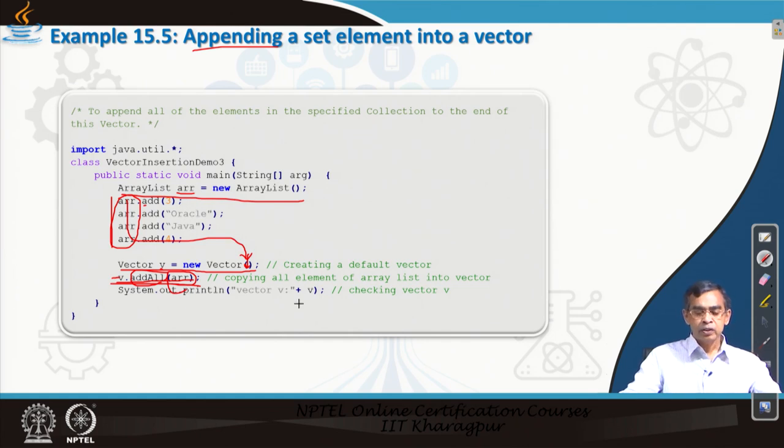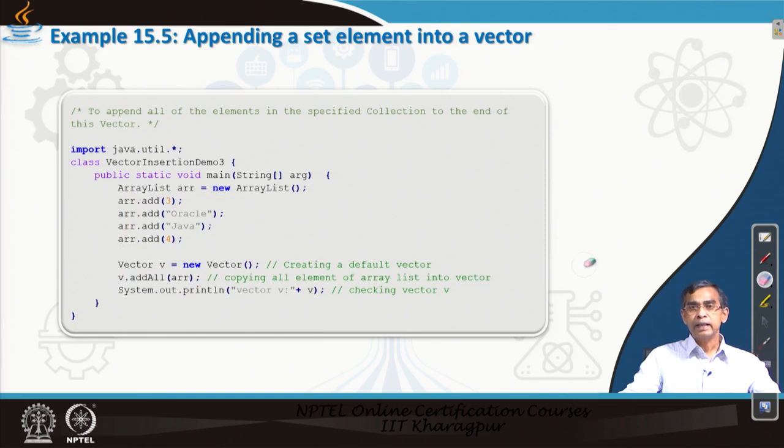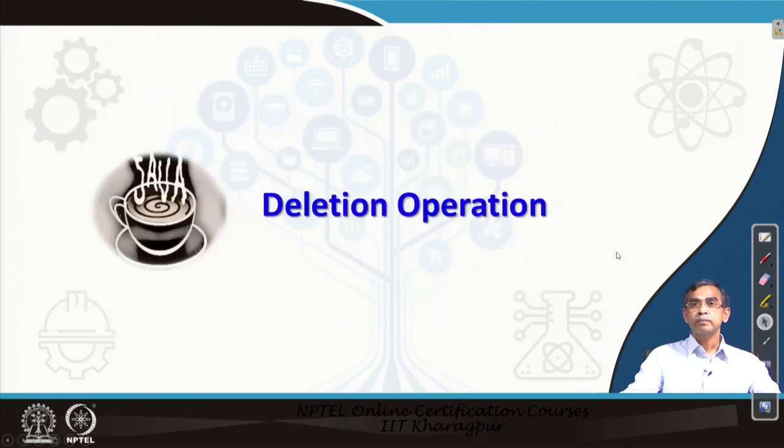These are the different ways you can do it, and you can also practice this program, modify it and run it to understand how it works. So these are the different ways that elements can be added into a vector.